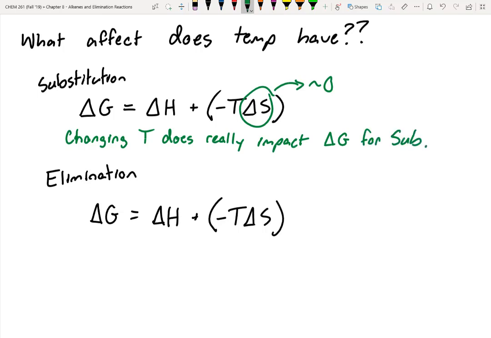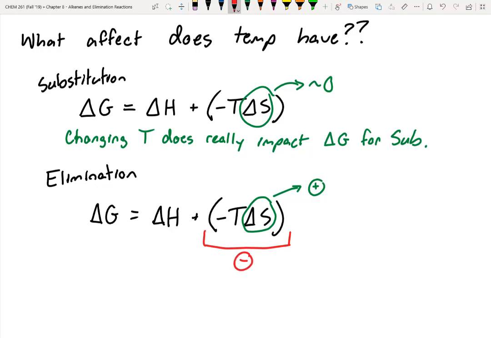All right, now let's think about this one. Over here, we said that delta S is positive or negative? Positive. Which tells us something. What is this whole sign right here? It's negative, right?